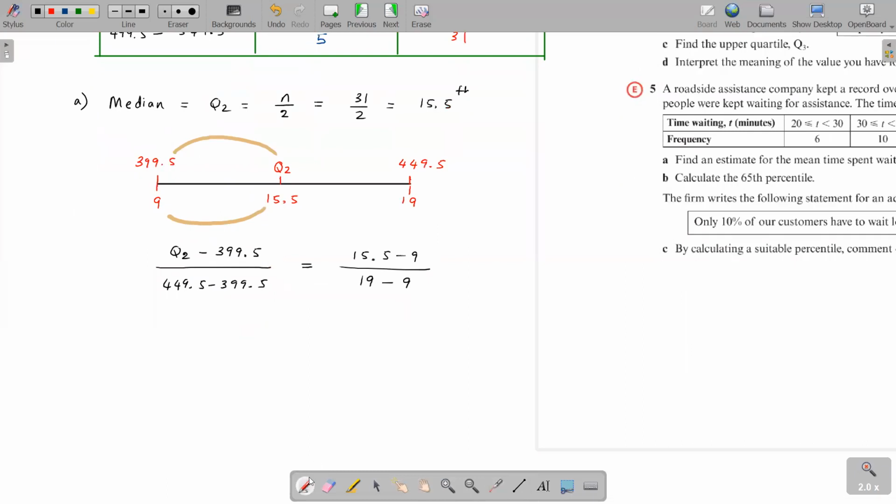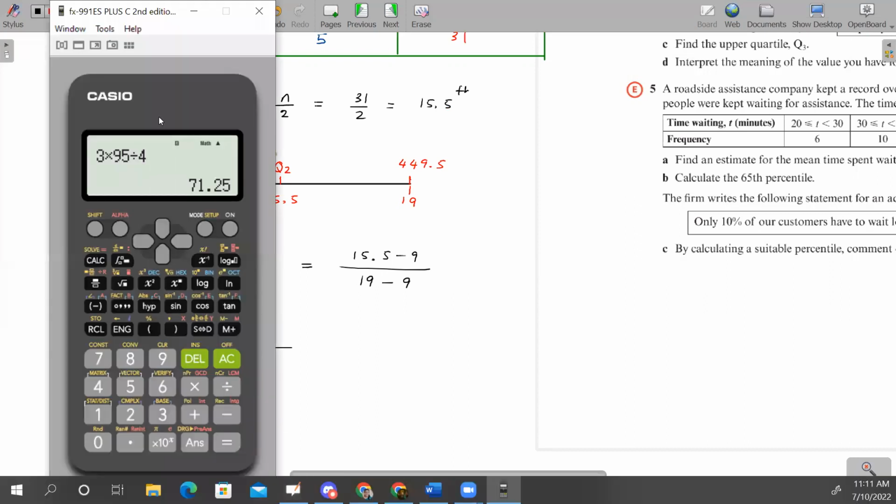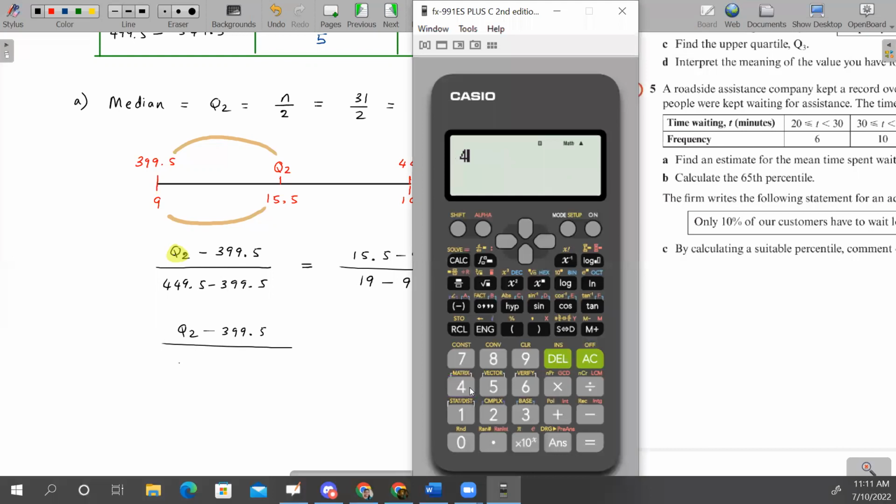Okay, so now all you have to do here is make Q2 the subject. So Q2 minus 399.5 over 449.5, let's subtract actually, 449.5 minus 399.5 is 50.